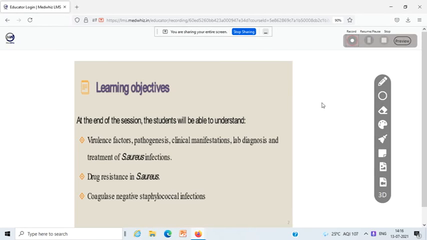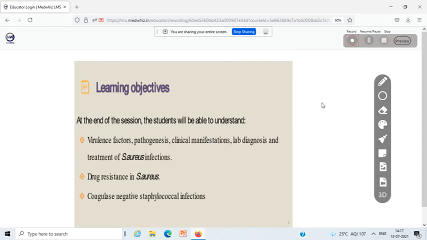Today, after the class, you will be able to understand the virulence factors, the pathogenesis, clinical manifestations, lab diagnosis, and the treatment of Staphylococcus aureus infections, drug resistance in Staphylococcus aureus, and coagulase negative staphylococcal infections. These are the various topics I'll be dealing with in two classes.